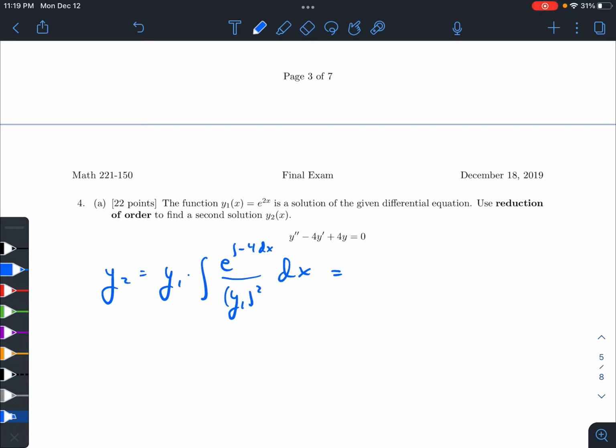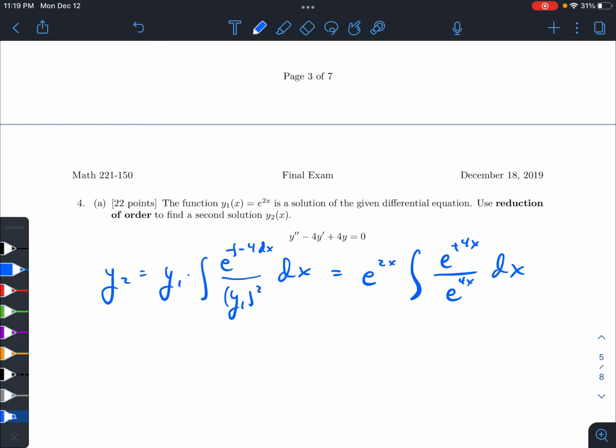I'm just going to go off of this. This might be totally wrong. Okay, y1 is e to the 2x, e to the integral of -4, that's e to the -4x, all over y1 squared, which is e to the 2x squared, so that's e to the 4x.